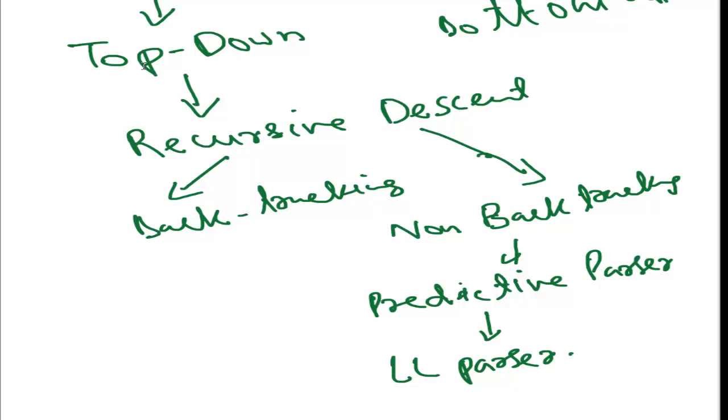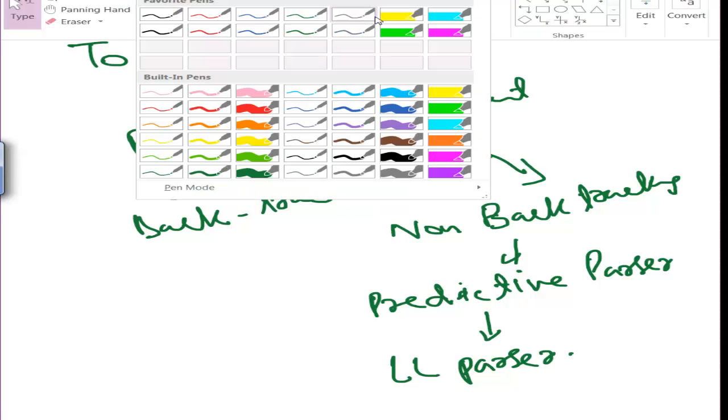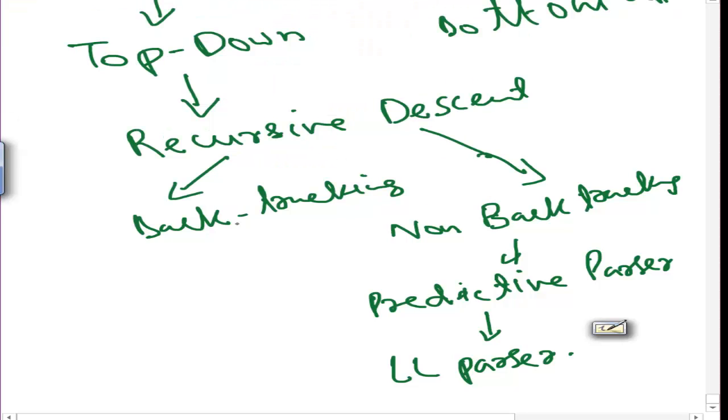So let us take a top down parser. The first one is the recursive descent, where we have backtracking. So this will be the broad picture I'm talking about. Now we have a recursive descent.